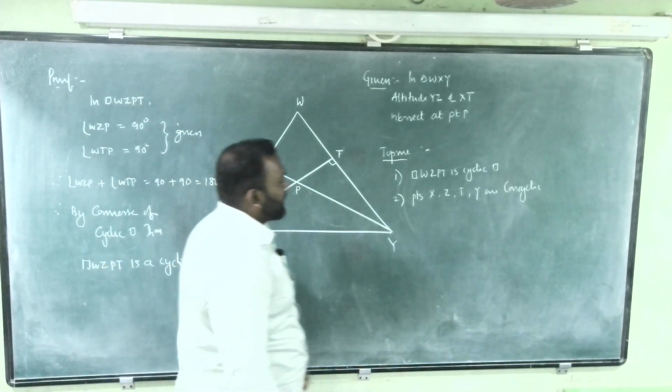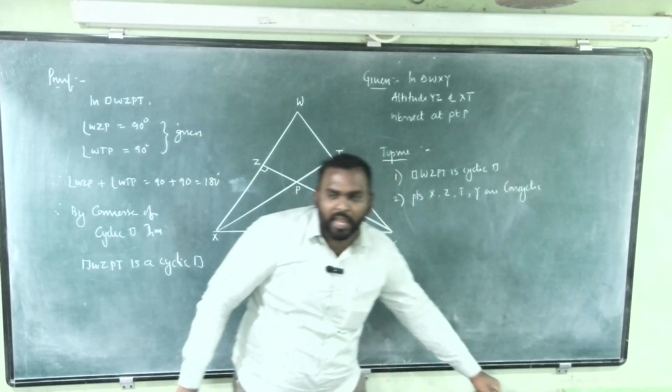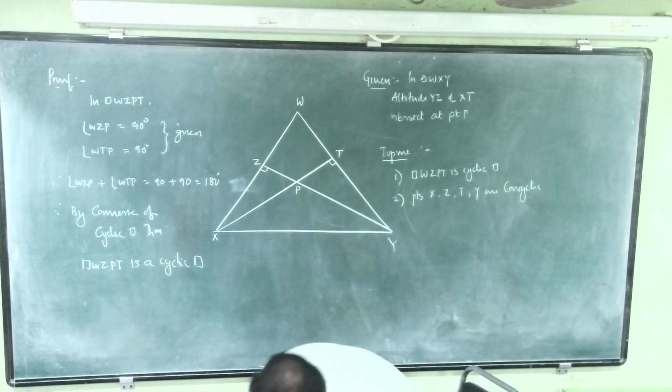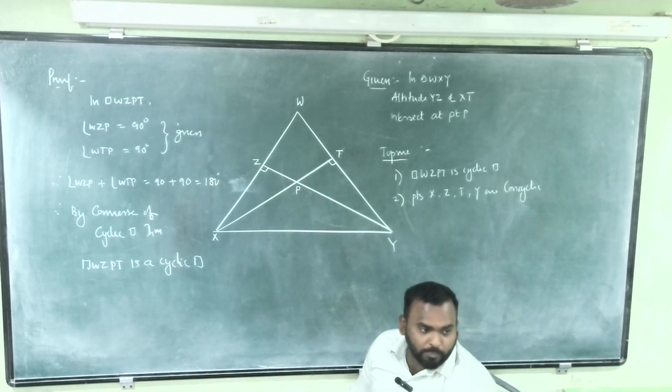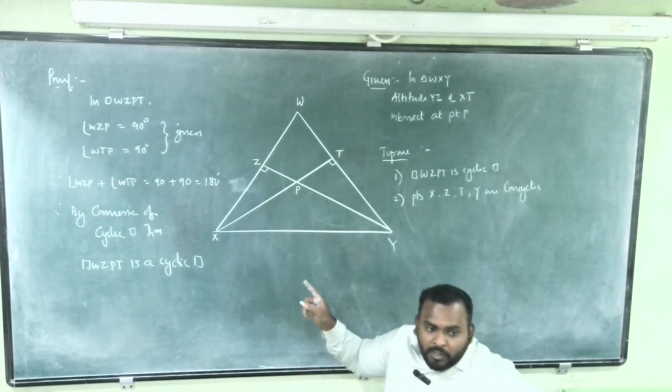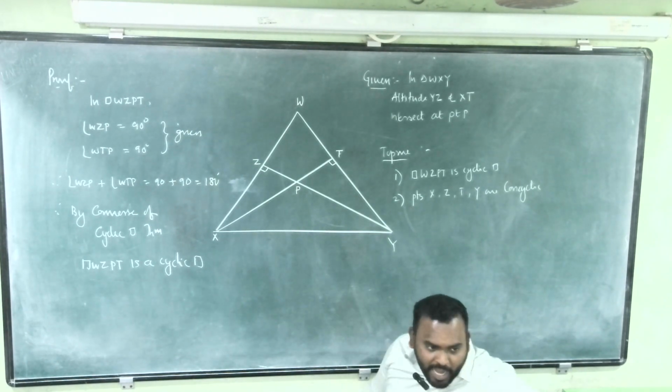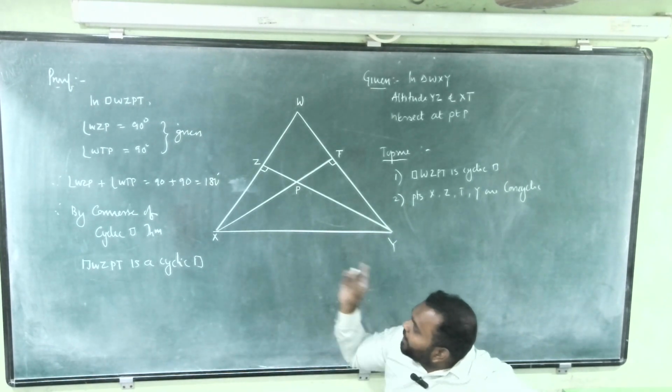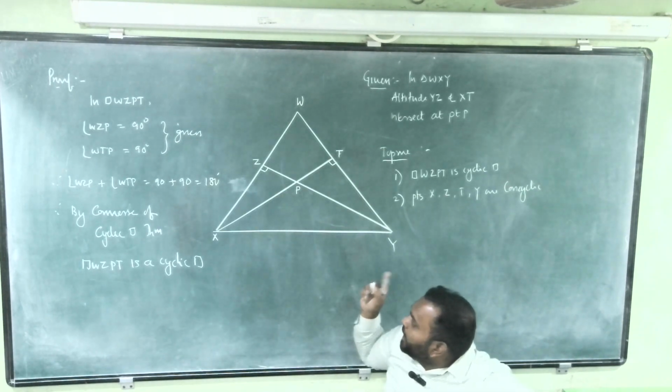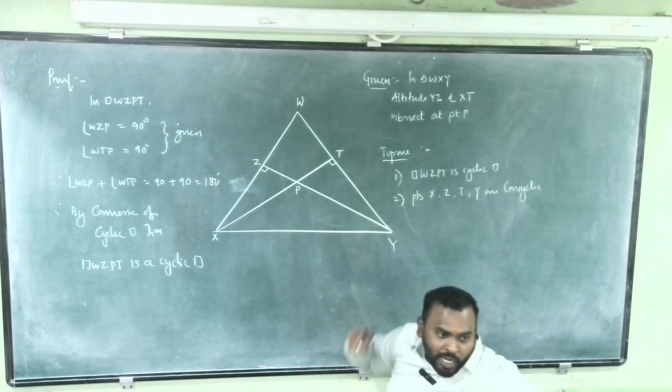Now I need to prove that points X, Z, T, Y are cyclic. Now if you look properly, you can see there are 2 points X and Y. Yes. These points X and Y, they subtend angles XZY and XTY which are equal. Yes.